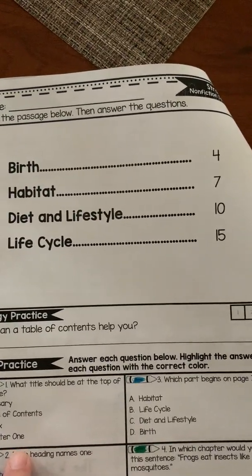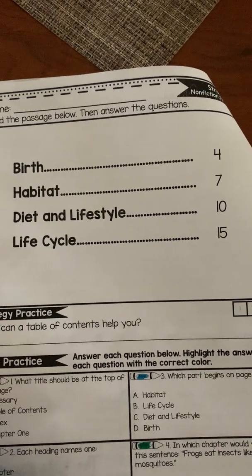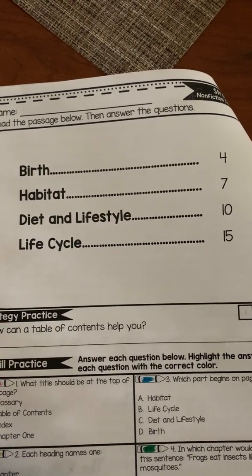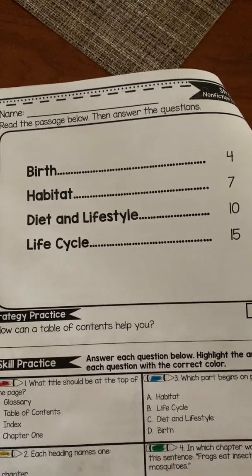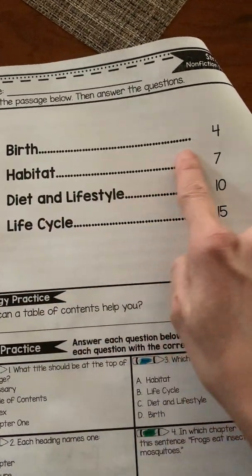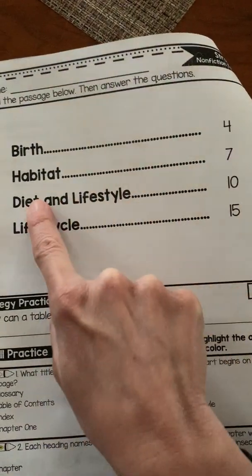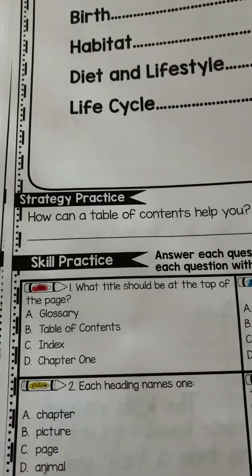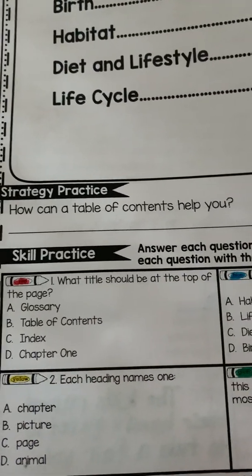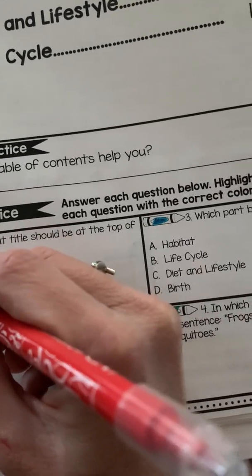If you recall, you have learned that if we open up a textbook and look at the first page, these indicate the pages we can find each of these titles or headings on. And boys and girls, this is called a table of contents. So the answer to number 1 is B.